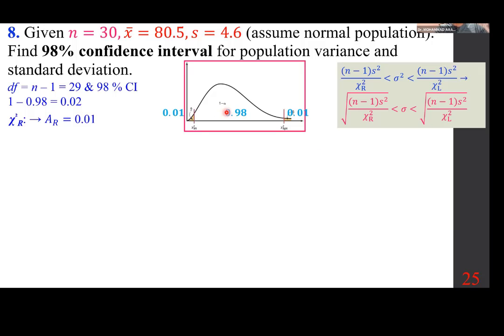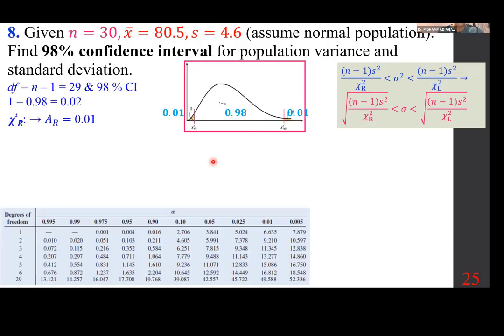We have 98% smack in the middle, 2% in both tails. In the left tail is 0.01, in the right tail is also 0.01. Bear in mind, chi-squared starts from 0 and goes to infinity. It doesn't have negative values like the z and t distributions.